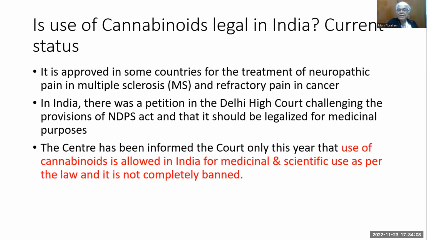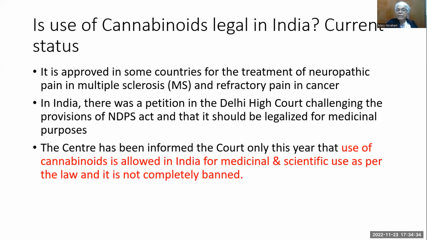But what about its status in India? What is the current status? In many countries abroad, it has been approved for the treatment of neuropathic pain and multiple sclerosis and refractory pain and cancer. In India, there was a petition in the Delhi High Court challenging the provisions of the NDPS Act. See, the NDPS Act says that cannabis also should not be given, and it is coming under the Schedule 1 drugs.